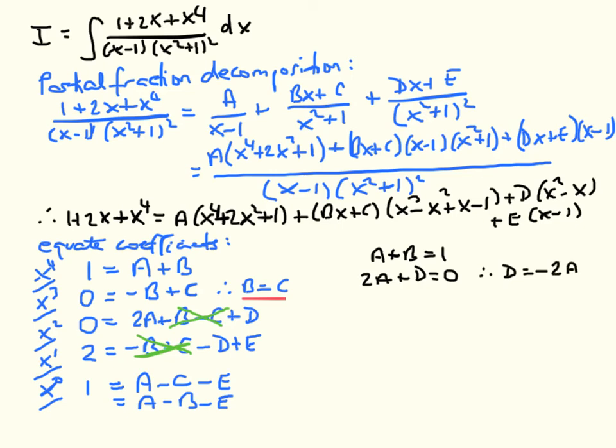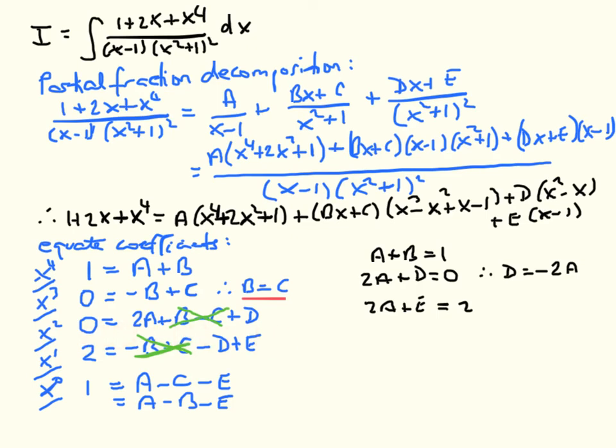We have 2 from down here is equal to minus d plus e, but d is minus 2a, so minus d is 2a, so we have 2a plus e, so that's just this equation here rewritten in terms of a and e.